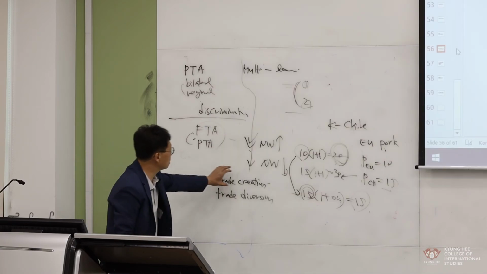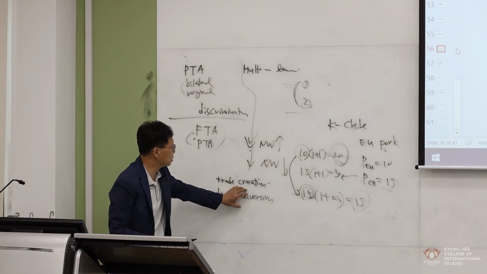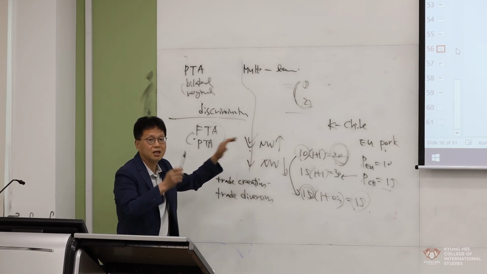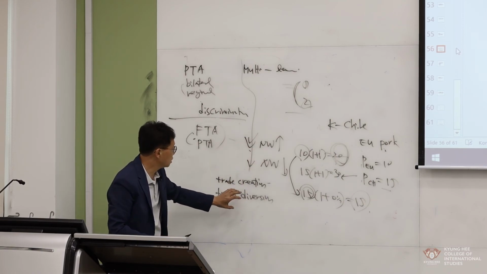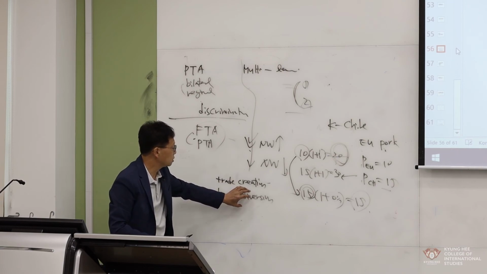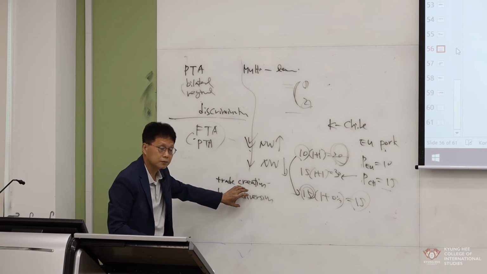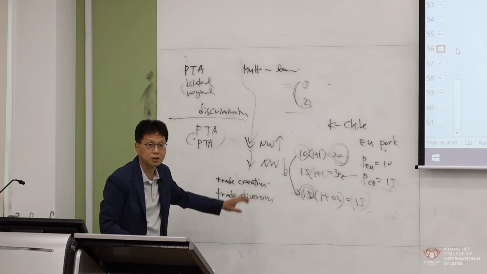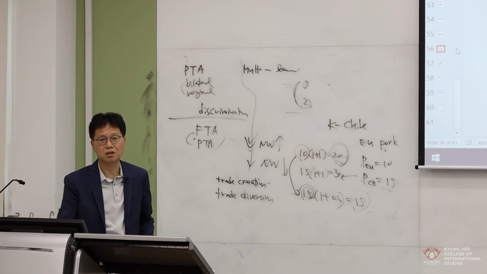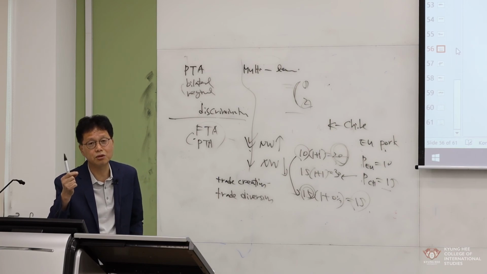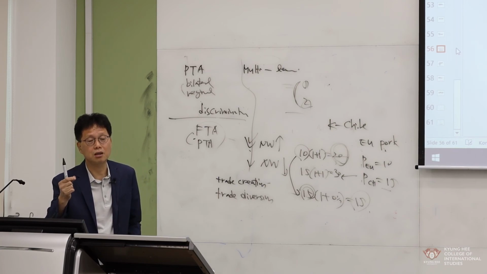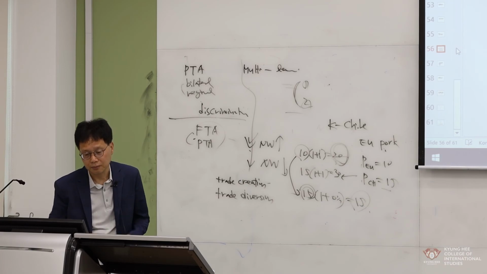Usually the trade creation effect is greater than trade diversion, so national welfare increases. But in a special case, the trade diversion effect overwhelms the trade creation effect, and then national welfare can decrease. But that is a very skeptical view, usually held by Indian economists. Okay?